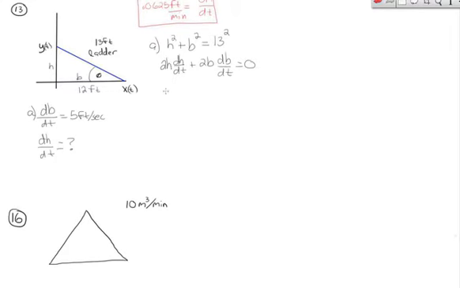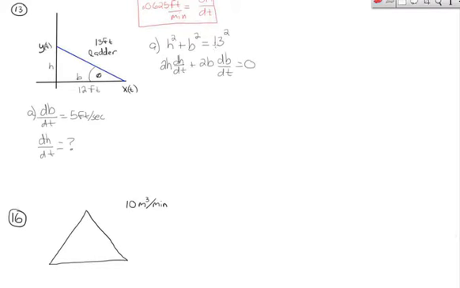So plugging what I know, the base, I know dB dt. I'm looking for dH dt, and so I need to know h. I don't know h, but I do know that it's going to fit within the Pythagorean theorem, and I can solve for h at this specific time.